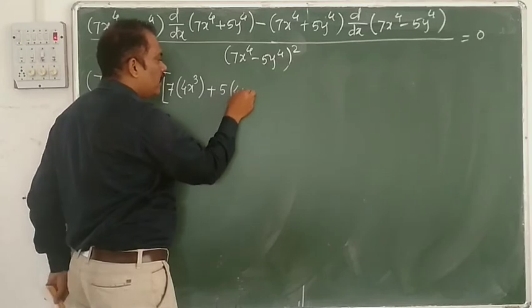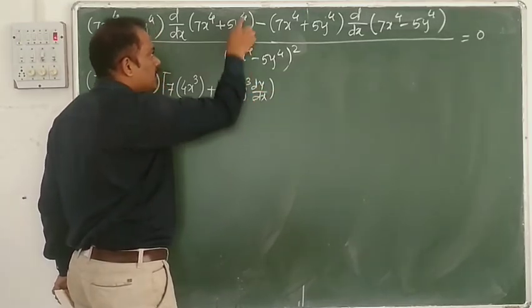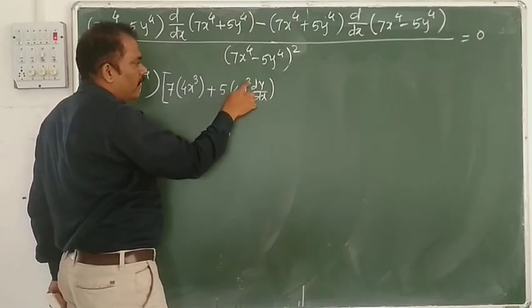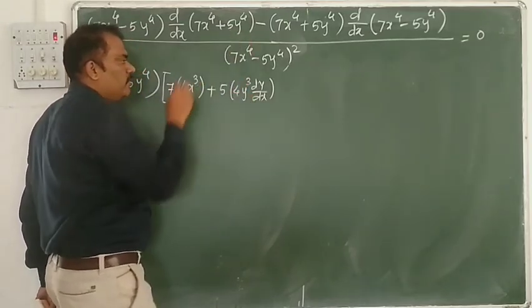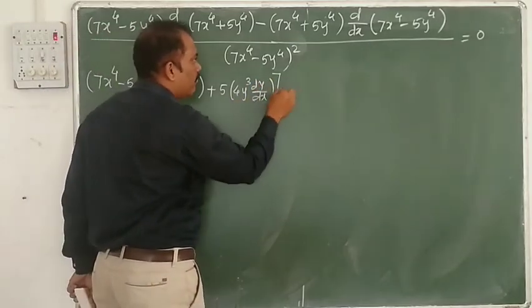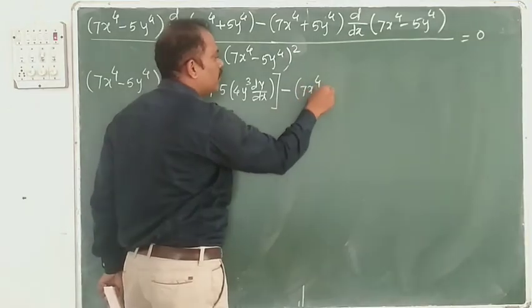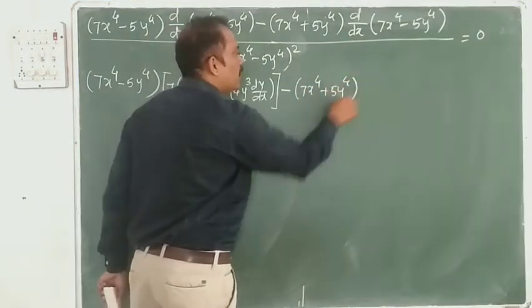It becomes 4y cubed into dy by dx. Take the power as it is, subtract 1 from the power, and then take the derivative of y with respect to x, which is nothing but dy by dx. Minus, here also, 7x^4 plus 5y^4 as it is.